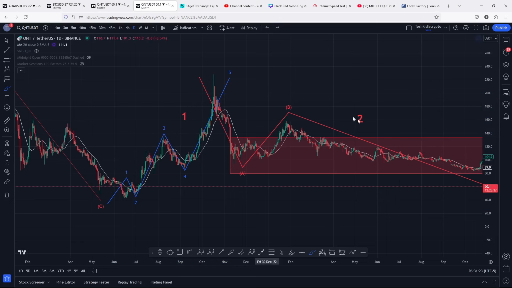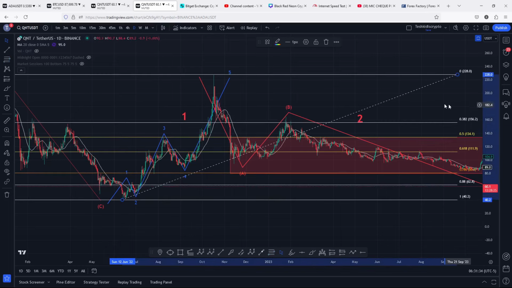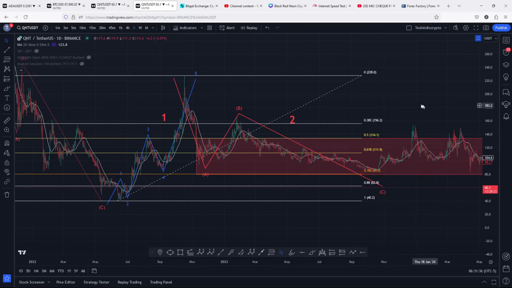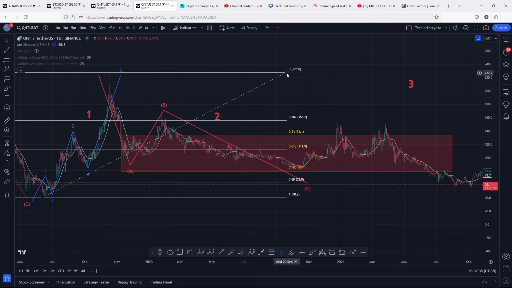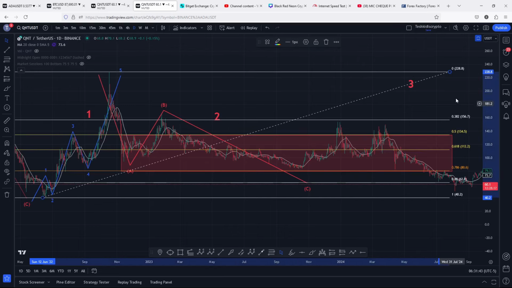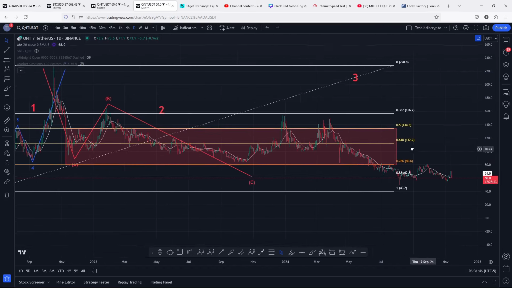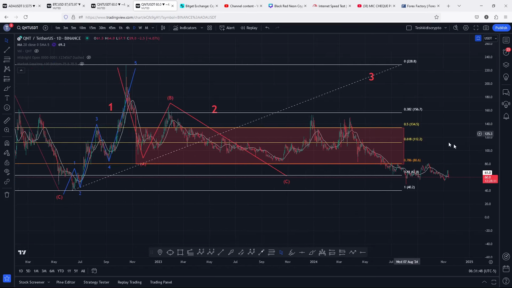Then we started a corrective structure in a larger Elliott wave count 2, whose minimum pullback target areas were given by connecting the fibs from the low of the first wave to the high of this wave 1, giving me a minimum pullback target area between the fib level 0.5 and the fib level 0.78, and that is between the 134.5 and the $80.6, an area that we have now fully maximized.